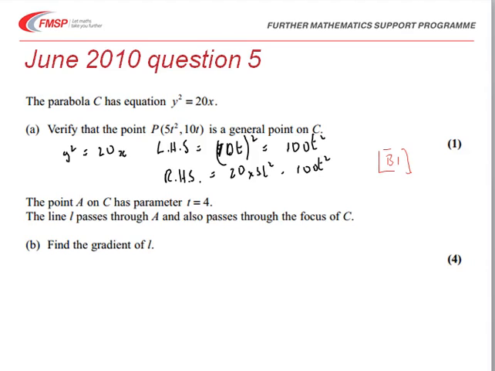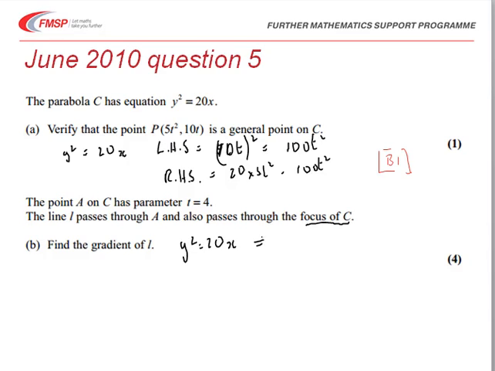The second part of the question means that you need to know the focus of C. Well, if y squared is equal to 20x, then you can look this up.